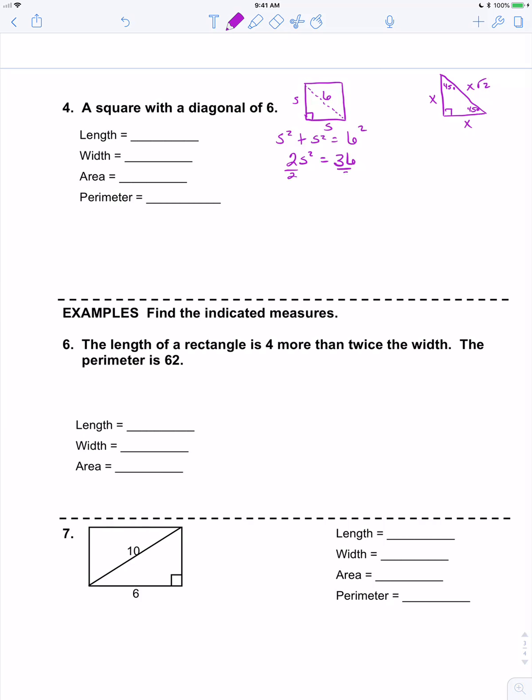Well, now I can divide both sides by 2, and I get s squared is equal to 18. Well, if I take the square root of both of those to get just what s, the side length is, okay, so we've got to simplify that square root of 18. That is 9 times 2 is 18. So the square root of 9 is 3. And then we still have the square root of 2. So all these side lengths here are 3 square root of 2.